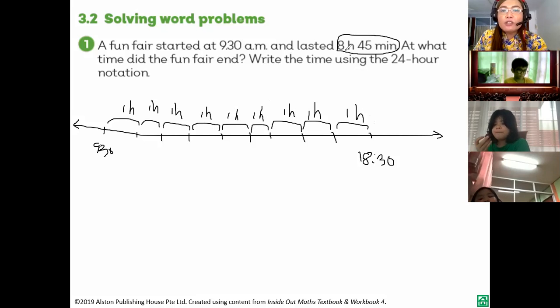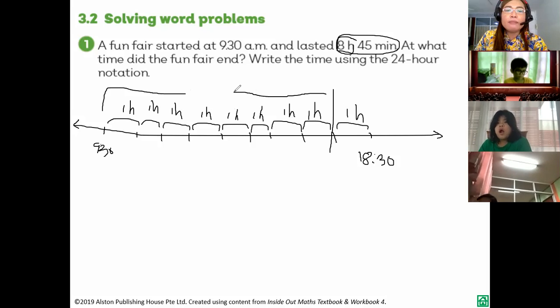Okay, so let's count. So we have 8 hours, right? 1, 2, 3, 4, 5, 6, 7, 8. So from here up to here is 8 hours.